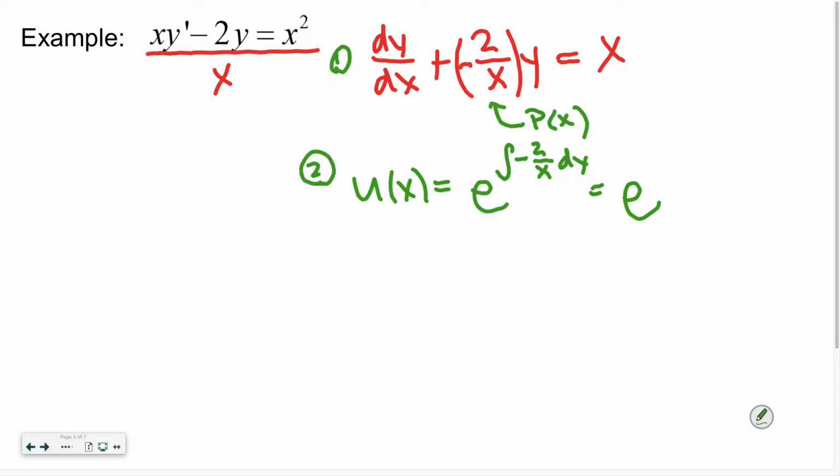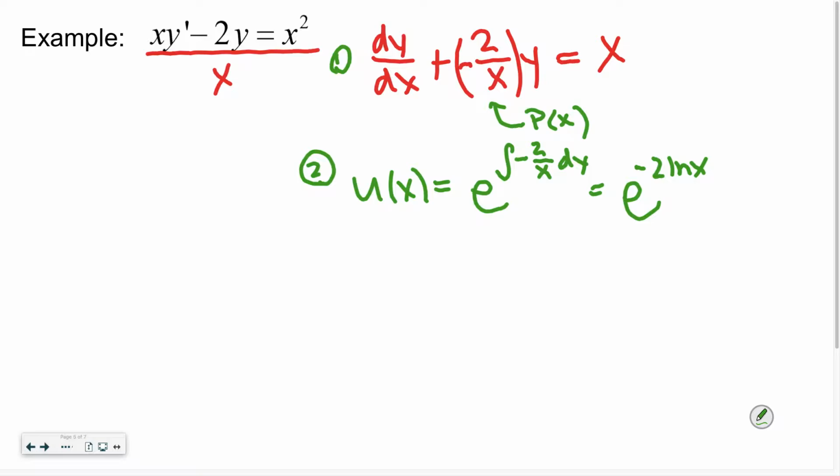Well, what's the antiderivative of negative 2 over x? Negative 2 natural log of the absolute value of x. Here is where your algebra really needs to come into play. Because if you can cancel out the e and the natural log, it's going to go a lot better for you.